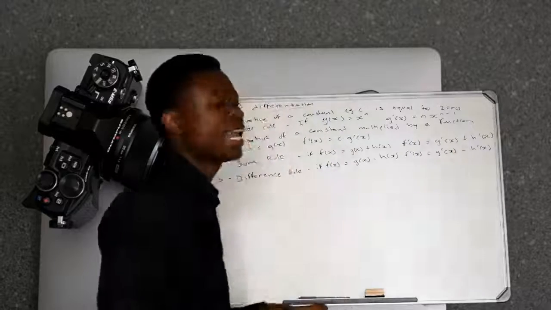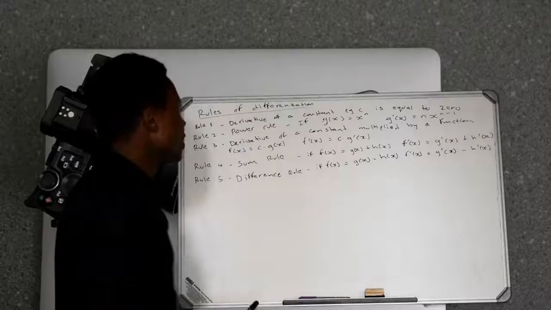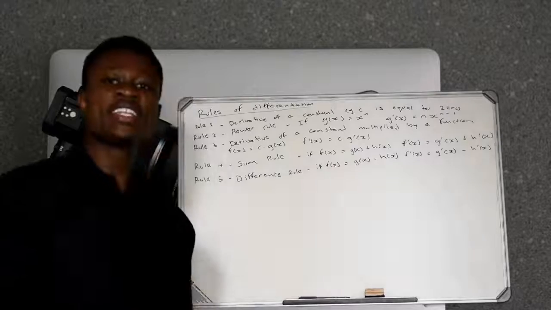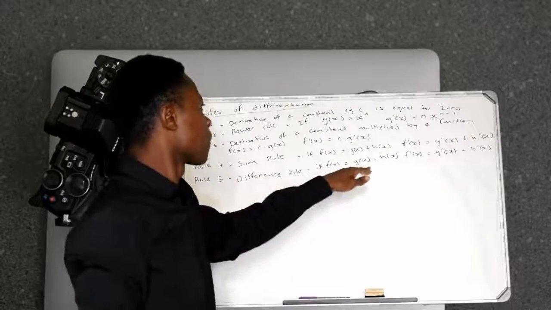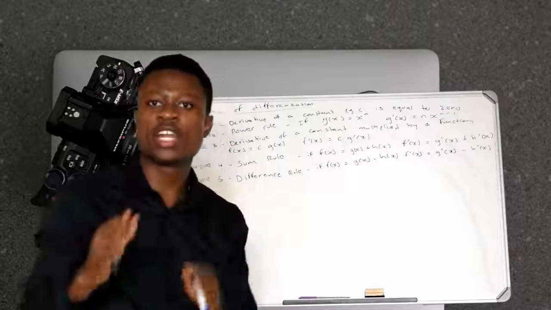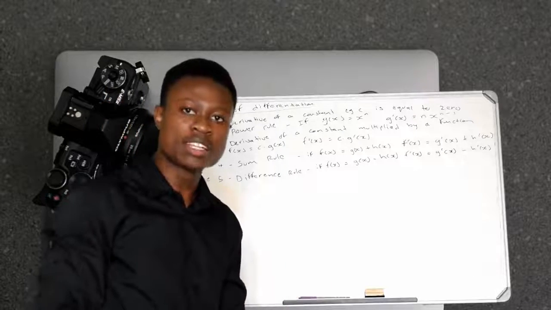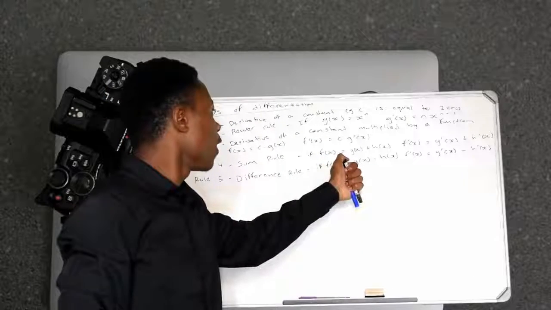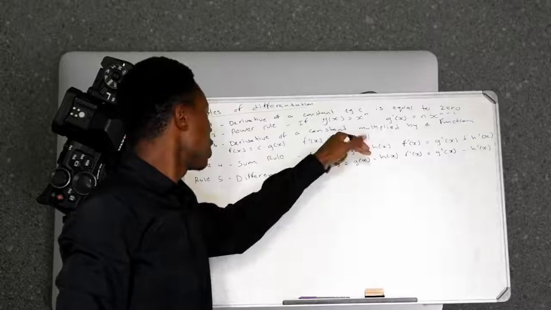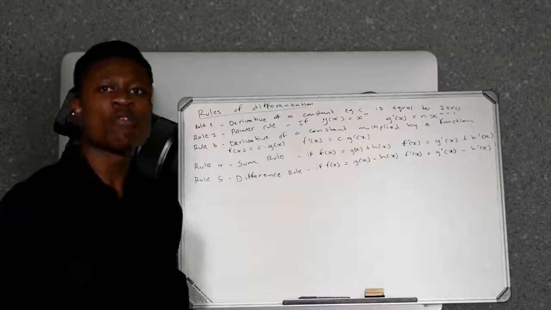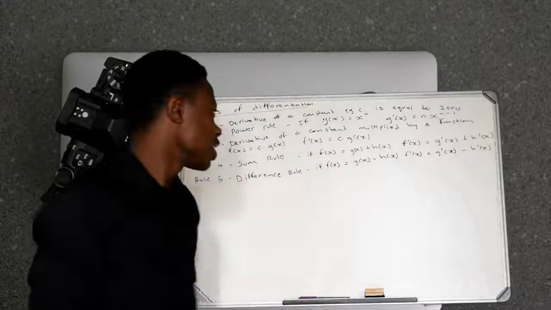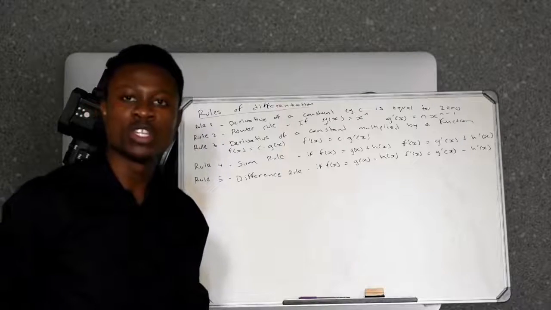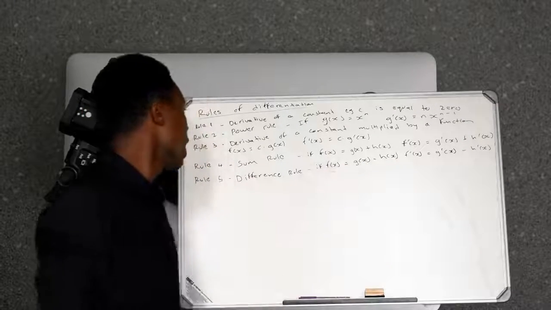What is this telling us? What it basically is telling us is that you have to find the derivatives of the different functions separately, and then you just subtract them. So these two rules, the sum rule and the difference rule, are very similar. It's just there's a negative sign between them, and there's a positive sign in the sum rule.